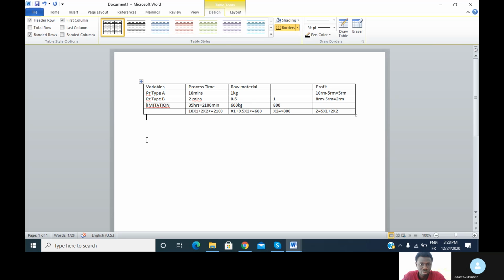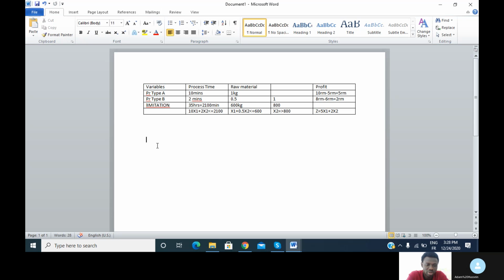So first job is we are going to put the variables. The variable is product type A and product type B. And also we need to know the objective.